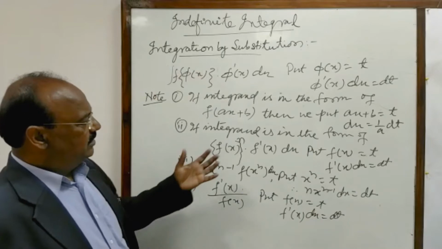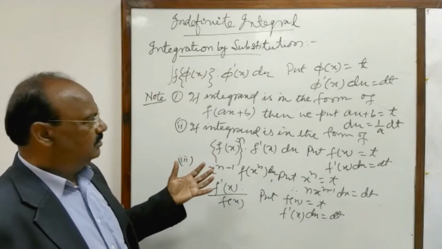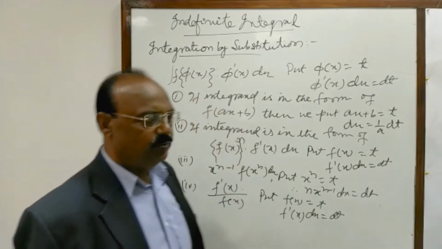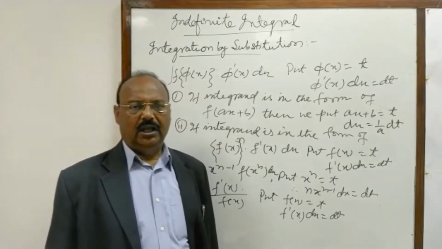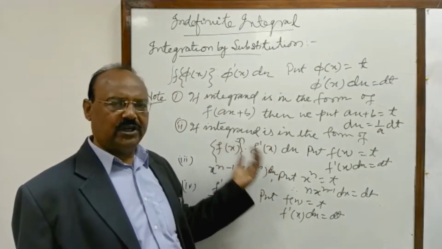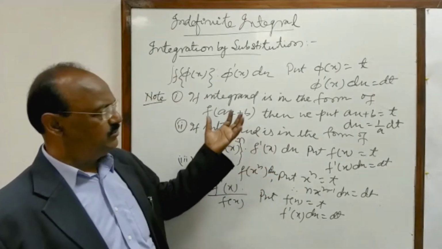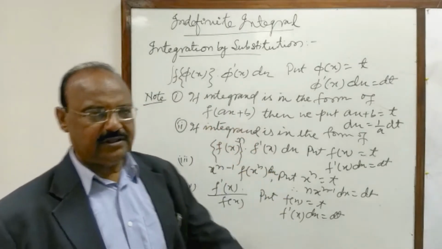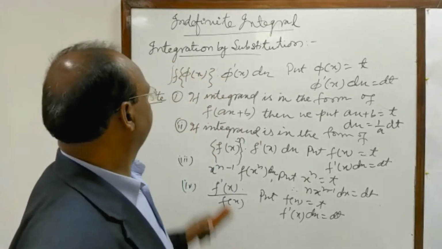So these are very simple and basic concepts behind integration by substitution, and we will make it more clear by doing some simple problems. So let us start some problems now.